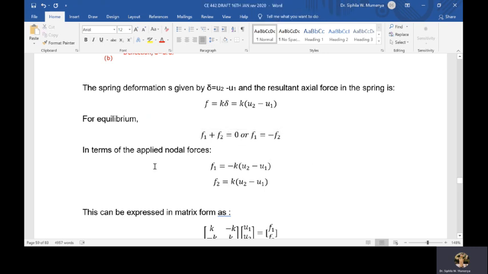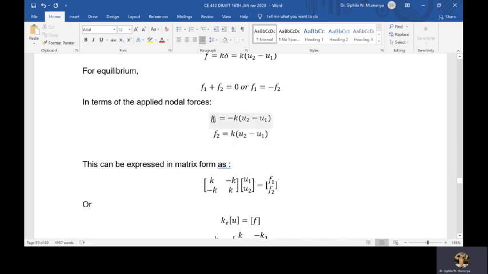So we can write that in terms of applied nodal forces. F1 is equal to minus K(U2 minus U1), and F2 is equal to K(U2 minus U1).